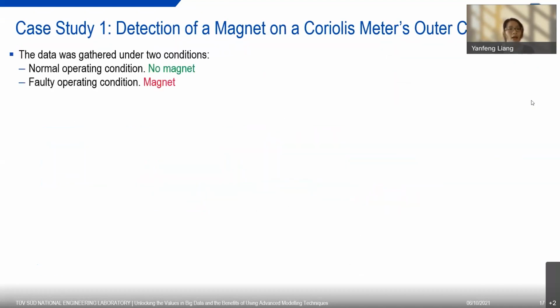The data was gathered under two conditions: the normal operating condition, with no magnet attached so the Coriolis meter is working fine, and the faulty operating condition, in other words, with a magnet attached to the meter. Because we know under which condition the data was collected, we have labelled data, and because of that we can build a more reliable supervised machine learning approach.